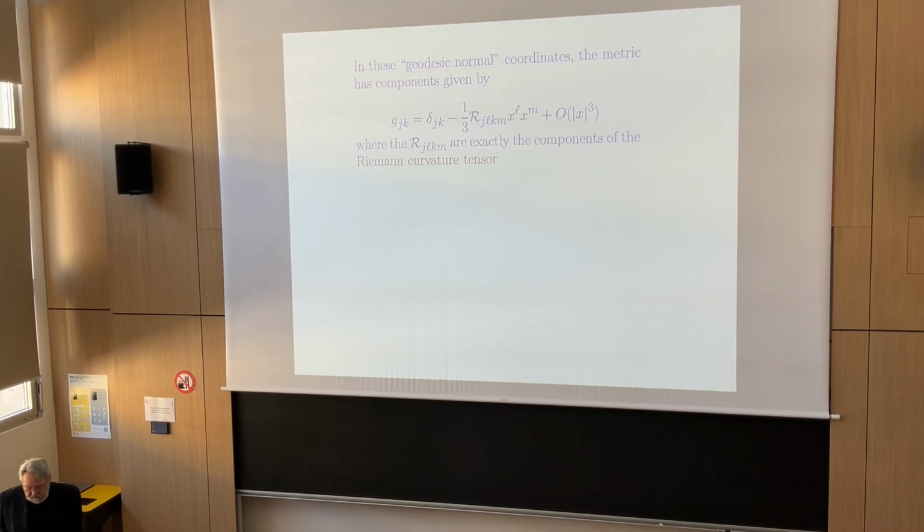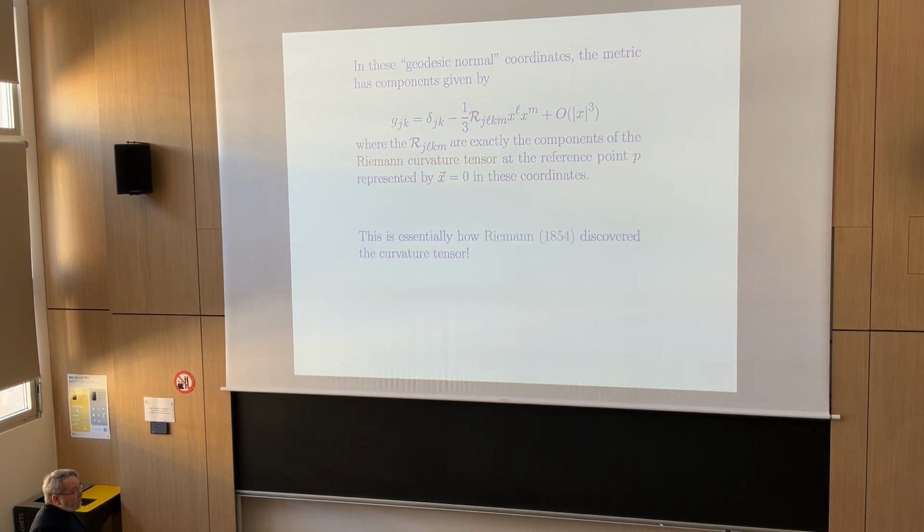These R_jlkm here are in fact the components of the Riemann curvature tensor at the base point in the given orthonormal frame. And actually, this is essentially how Riemann invented the curvature tensor.